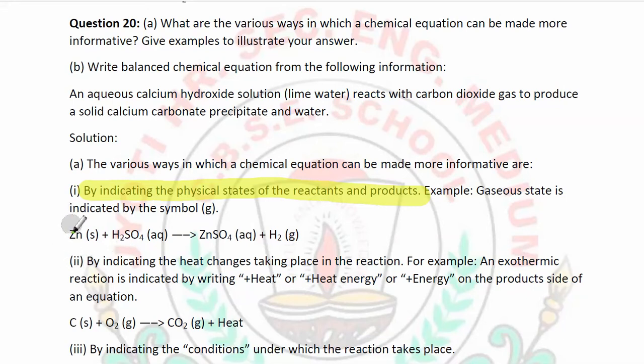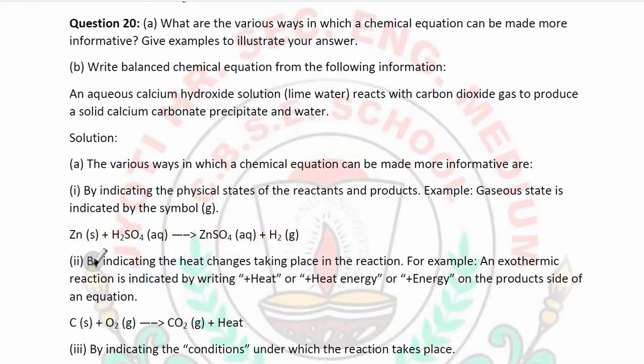For example, Zn, which is solid here, so I am writing S here. H2SO4, which is taken in water, is represented as aqueous solution here. ZnSO4, which is aqueous solution here, and H2, which is gas here. Okay, so all these are used to represent the different states of the elements present in the chemical reaction.